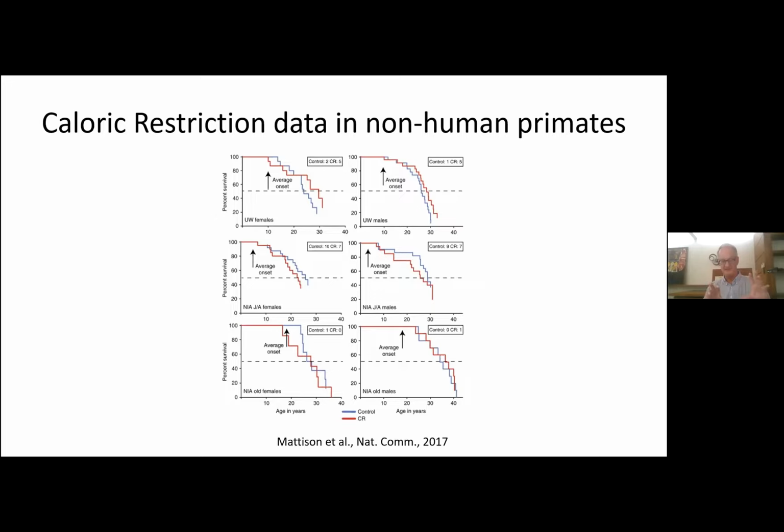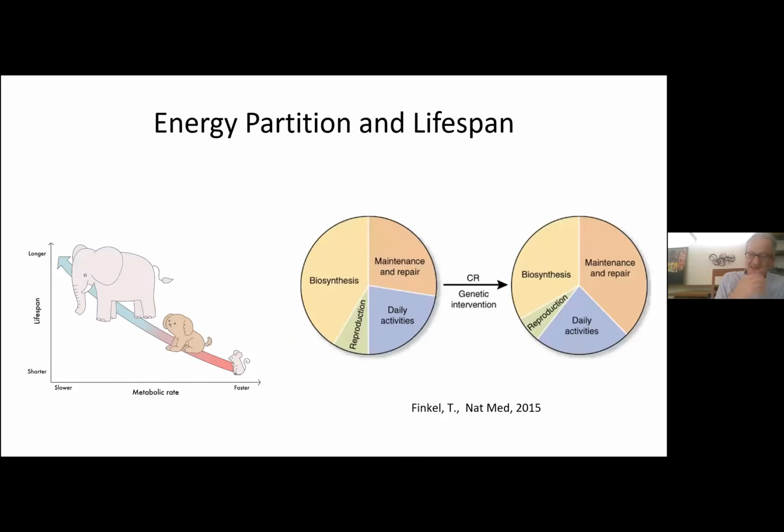Again, suggesting that the benefits of caloric restriction may be very different in small animals that have a very short reproductive period compared to animals such as humans, in which there's a much different physiology, and some of that I've tried to highlight.